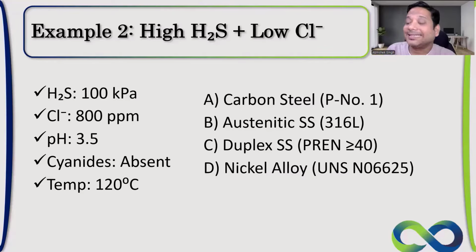For using stainless steel, what is the limitation? What is the main thing which limits the use of SS? Chloride. Chloride is very problematic for SS. So here 800 ppm. Okay, now you may not be able to say whether it is high or low.